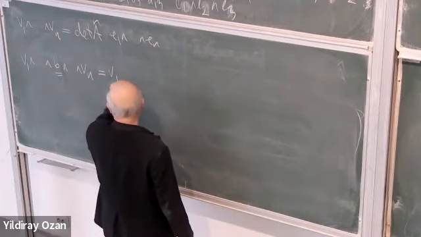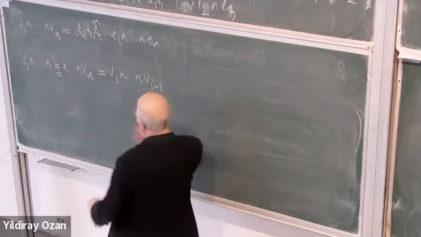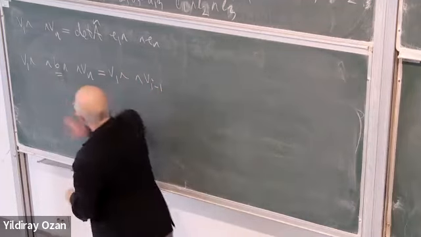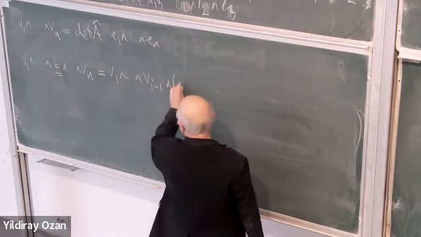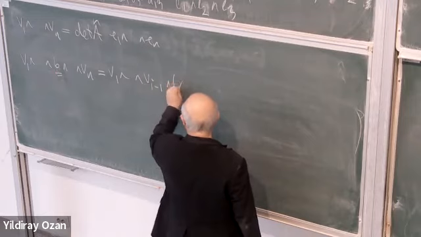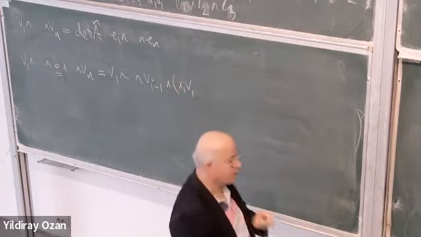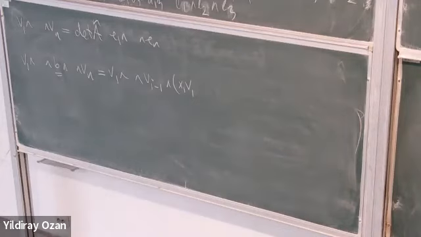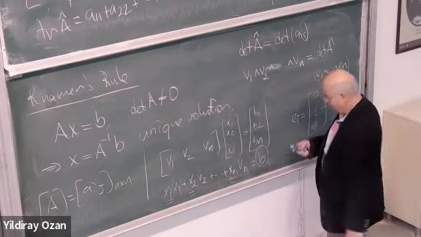I have V1 up to Vi minus 1. And for the ith column, I have the following. b. b is what? It is x1 times V1, right? b was here. b is just x1 V1, x2 V2, up to xn Vn.